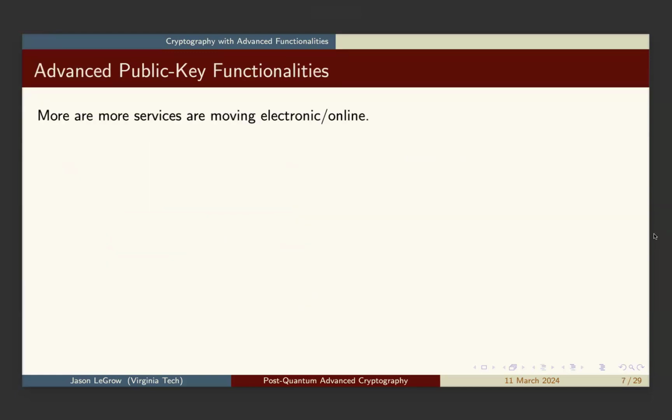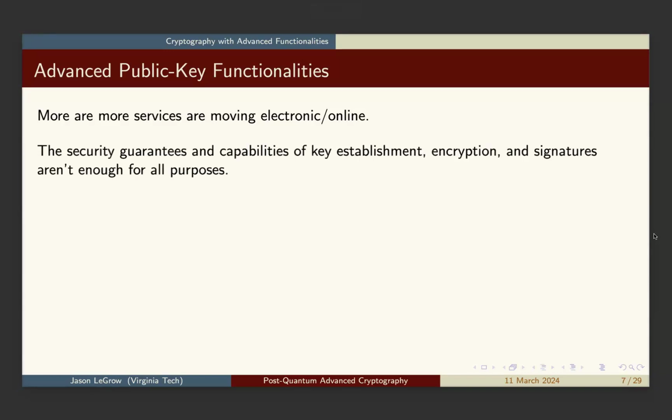But more and more services are moving online or electronic. A lot of things want to be online, but even just doing things electronically, locally, sometimes requires some kind of additional functionalities. And unfortunately, the security guarantees and capabilities that you get from key establishment, encryption, and signatures are not enough for everything that you might want to do.